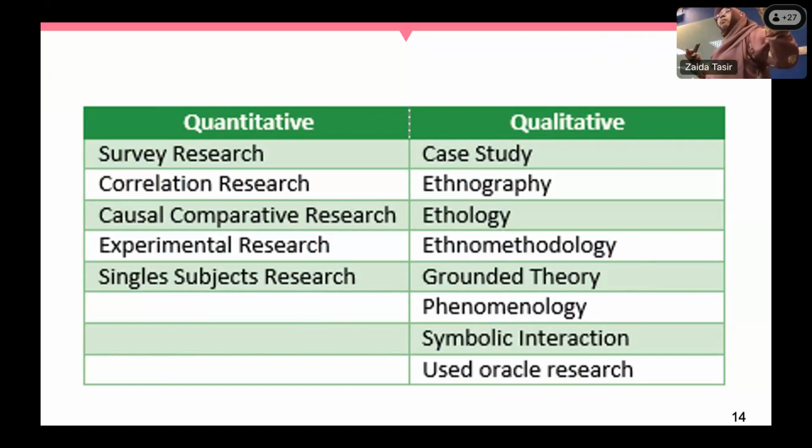If you are using mixed method, of course you will use both designs. If you claim that you are using a mixed method design, you might be using case study and survey. You can do that, because it's a mixed method. So you have two methods in your PhD. But if you say that your research is totally quantitative, then you just select one of the designs here under quantitative.